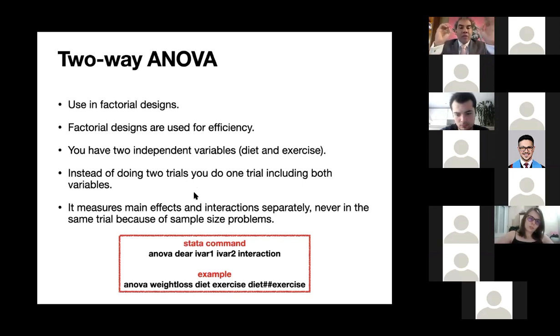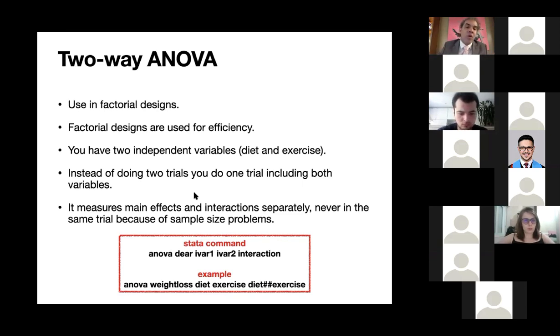For you to find main effect significance, you need a sample size much smaller than to find an interaction. So even if there's an interaction, if you are testing for main effects, your sample size calculations will be much smaller and you will not be able to look for interactions.